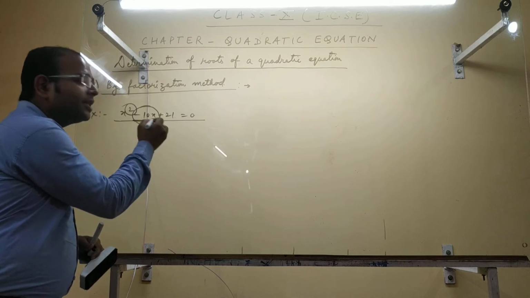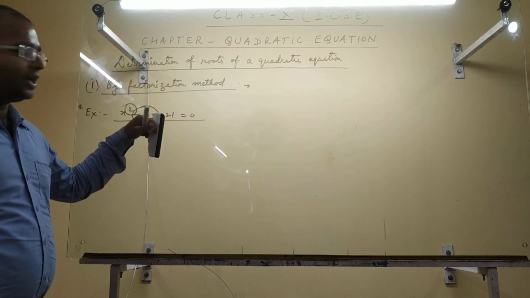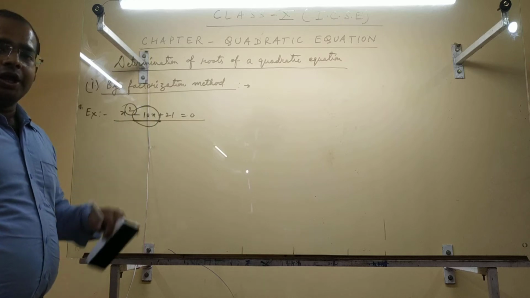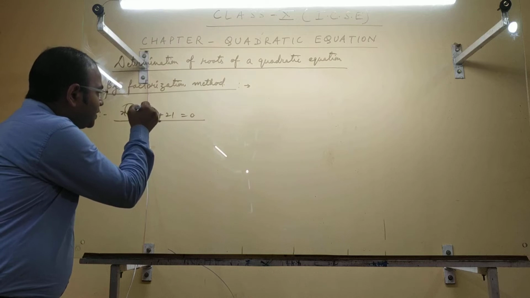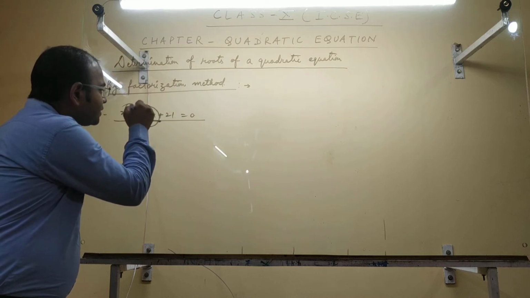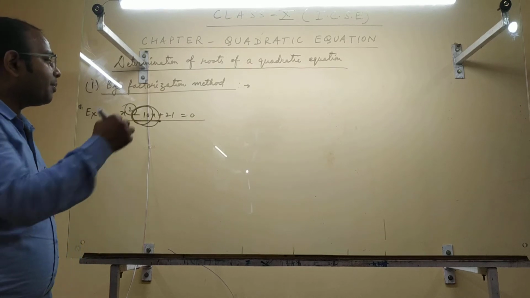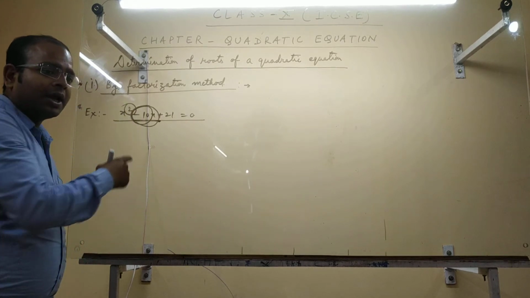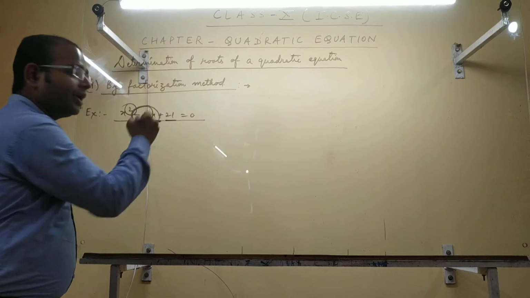Just look at the second term, the term which has a coefficient 10, and we have to split the coefficient of this term in such a way that the sum or difference must be equal to -10, and its product must be equal to the last term 21.